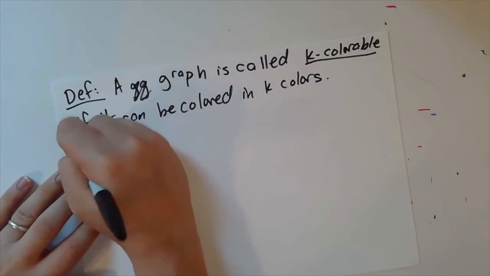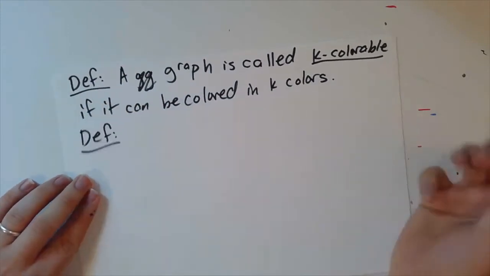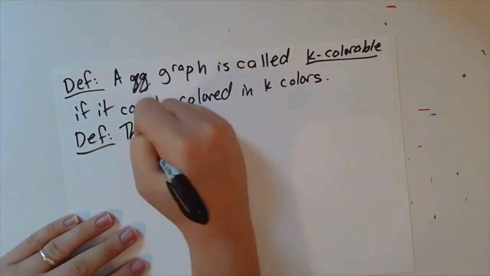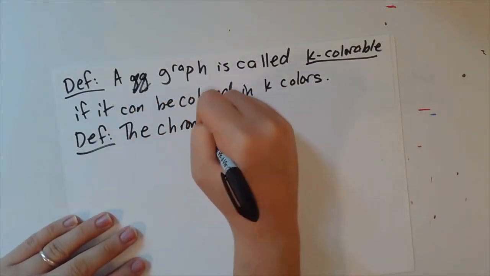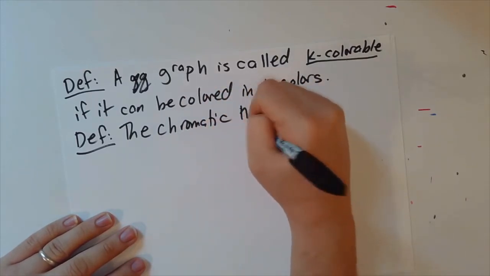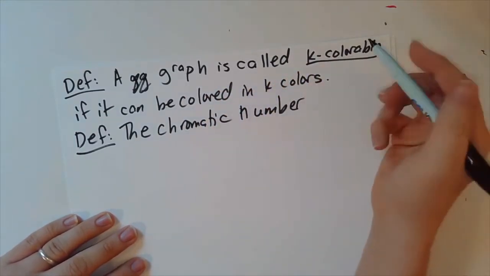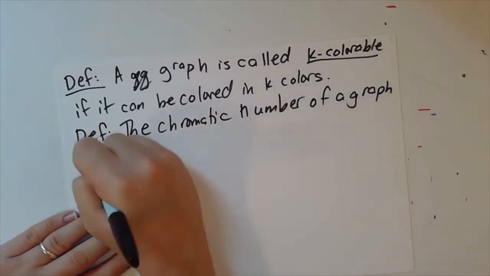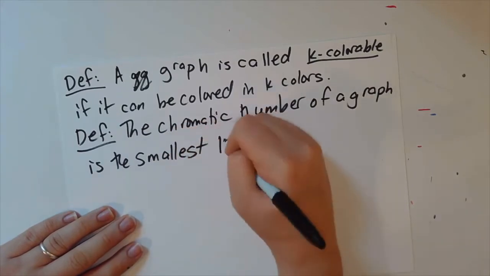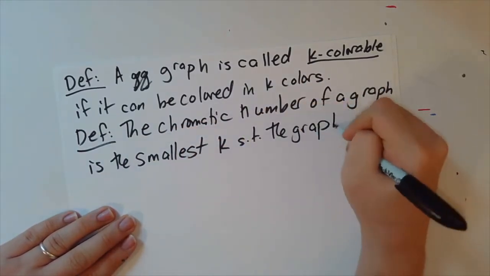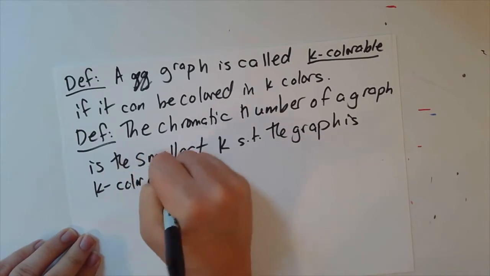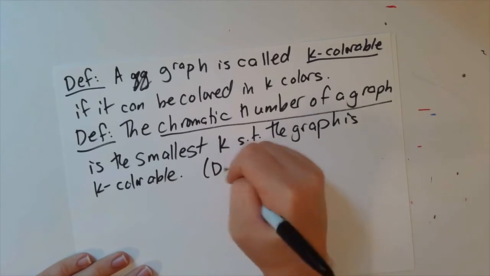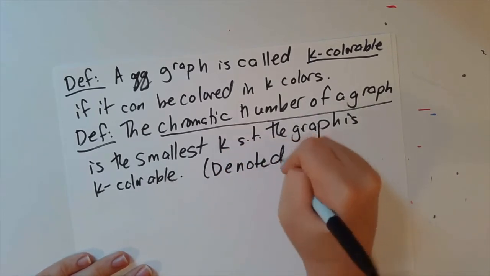But then we associate to each graph a minimum k such that it's colorable, and we call that the chromatic number. So the chromatic number of a graph is the smallest k such that it's k-colorable. And we denote this by the letter chi of G.